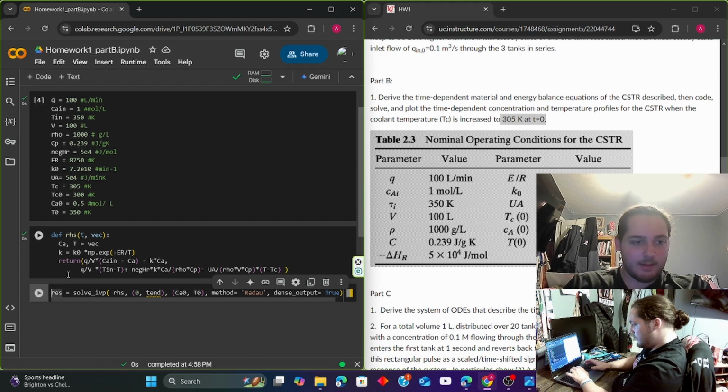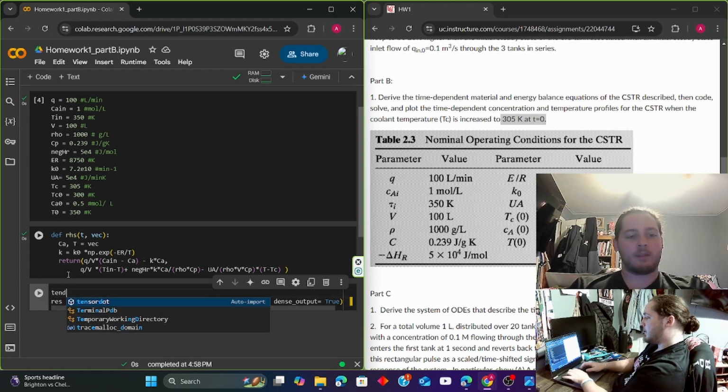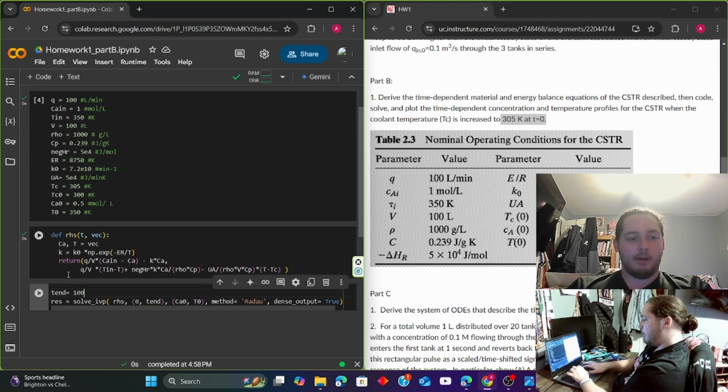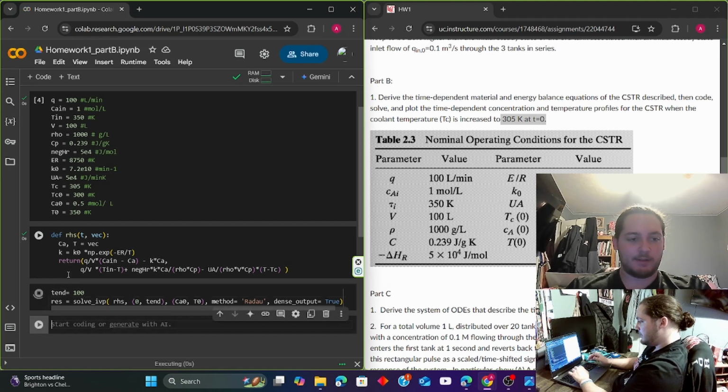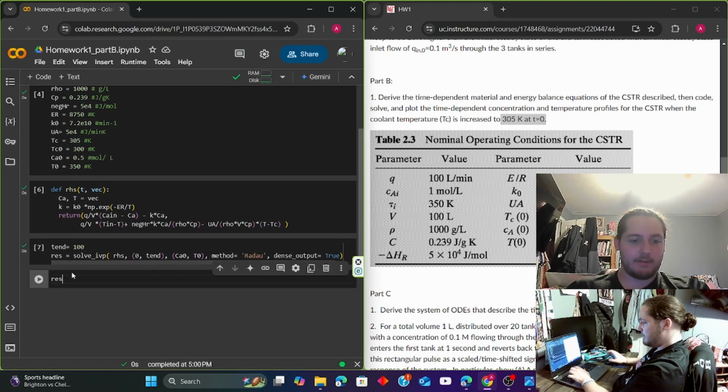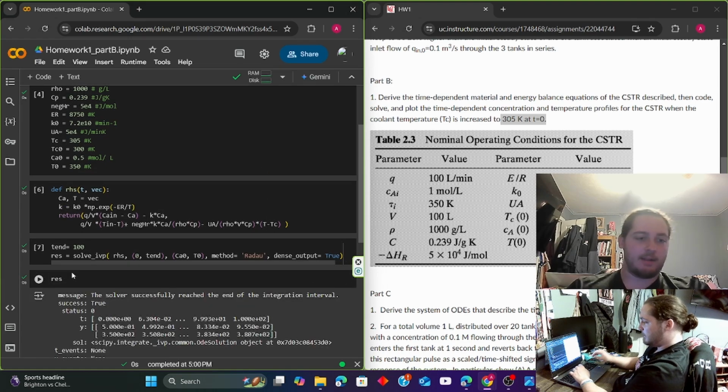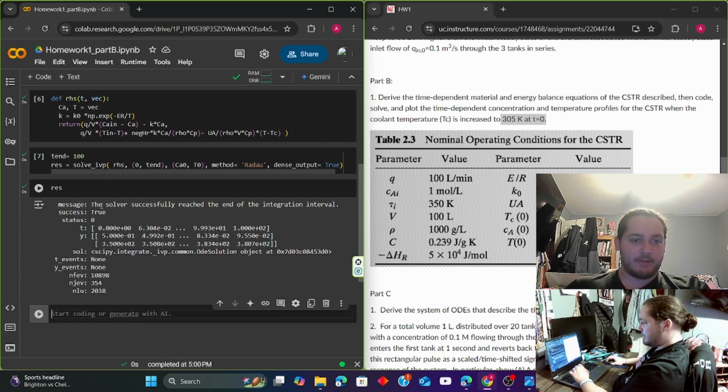Define t end. Enter. All right, let's check it out. So the solver successfully reached the end of the integration interval. We have some times and y values.